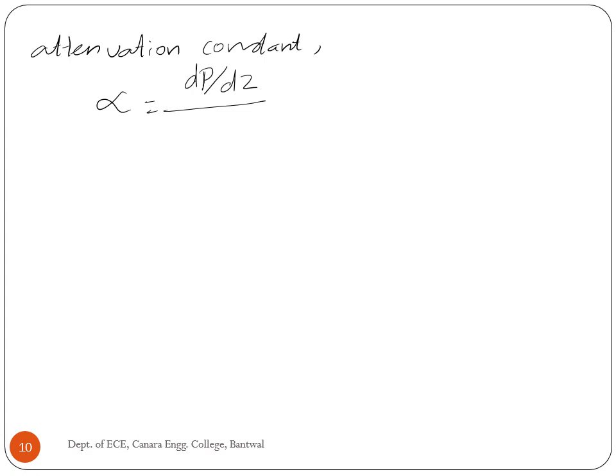The attenuation constant alpha is equal to power dP/dz divided by 2 into power in z direction, which is equal to the dielectric attenuation constant plus the ohmic attenuation constant.